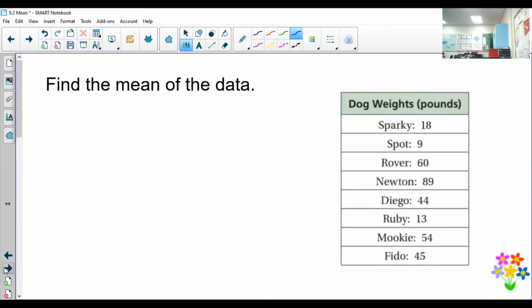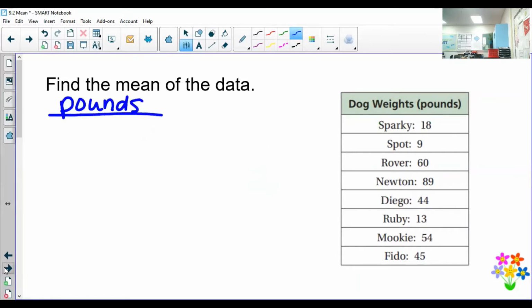So let's look at some more data. Over here, I have different weights of dogs. We've got all the different dogs and how much they weigh. Because I have them all here, let's write out our data. We are talking in pounds.